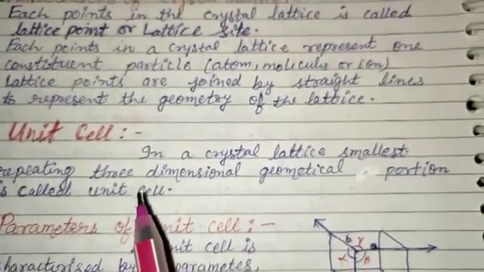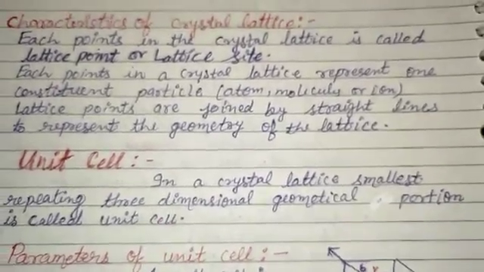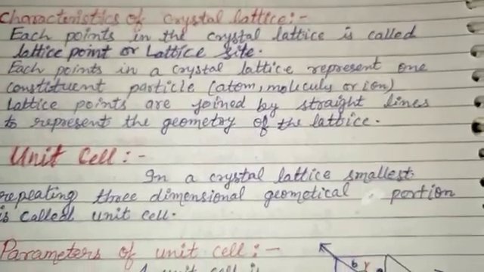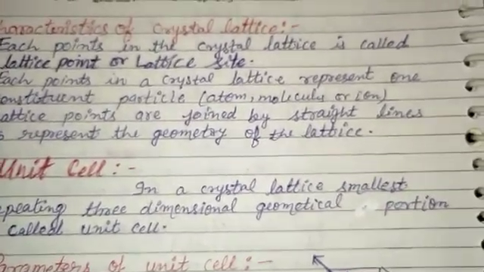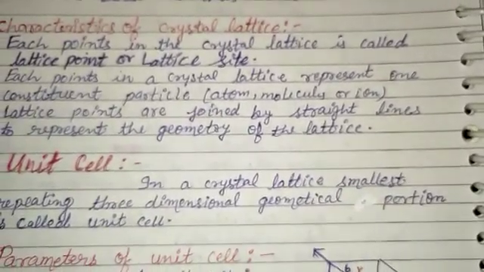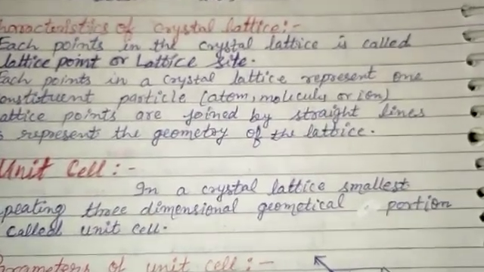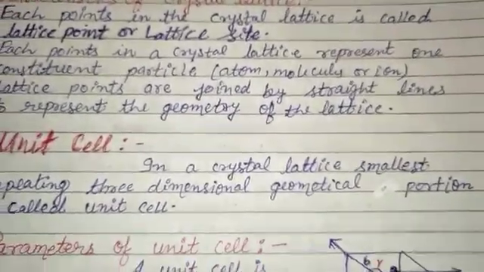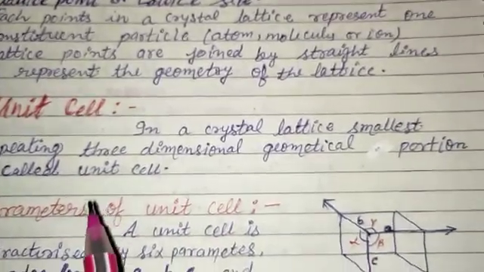How can we recognize the different types of unit cell? To determine the unit cell, we have to know some parameters, some characteristic features of the unit cell.